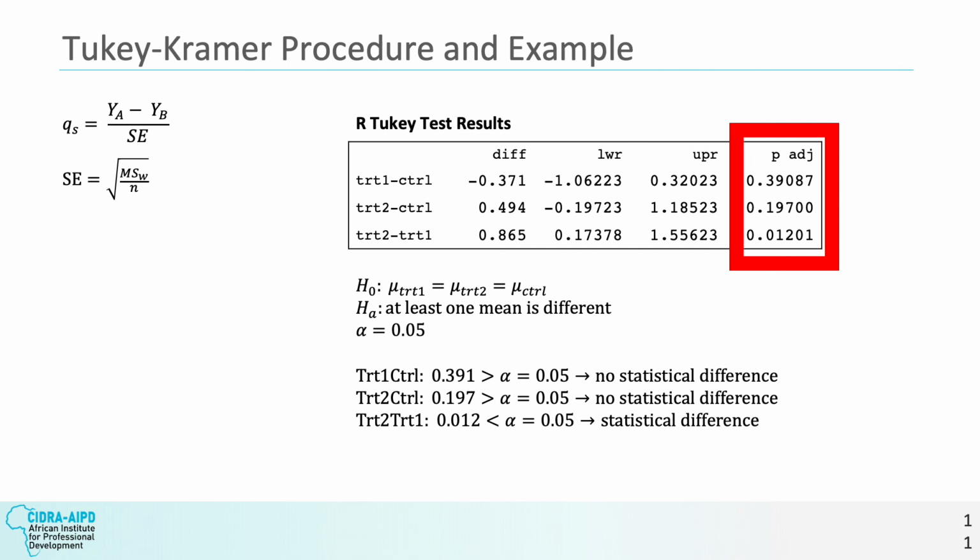The p-values for the comparison of treatment 1, A, versus the control, C, and for treatment 2, B, versus the control, C, show that neither treatment is significantly different from the control. However, the comparison of treatment 2 versus treatment 1 shows that there is a statistical difference between the two treatments.